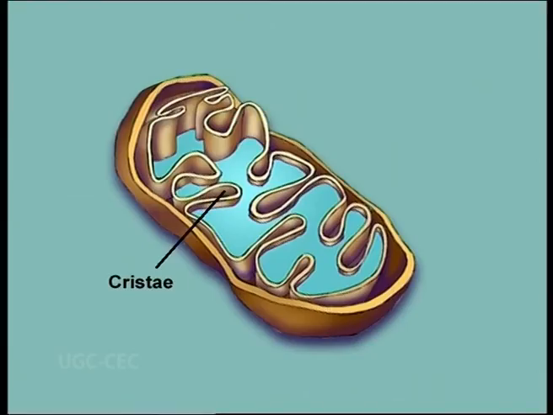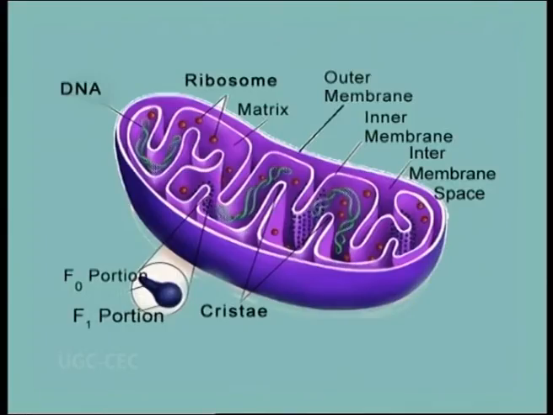The inner mitochondrial membrane is compartmentalized into numerous cristae, which expands the surface area of the inner mitochondrial membrane, enhancing its ability to produce ATP. For a typical liver mitochondria, the area of the inner membrane is about 5 times as great as that of the outer membrane.